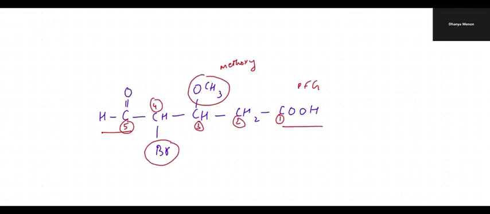Naming according to the alphabetical order, so 4-bromo, then we will do the numbering in both the ways because we have numbered the carbon atom of the aldehyde, we use oxo, 5-oxo.